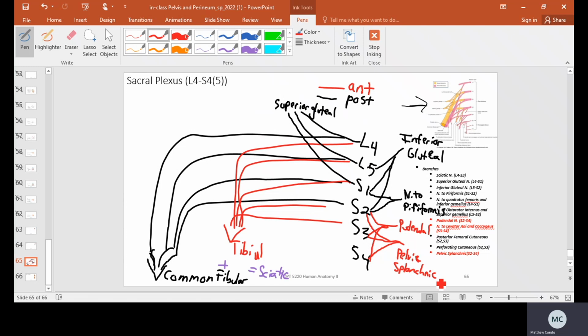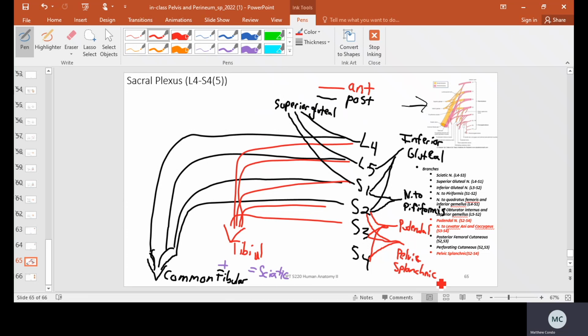Okay? We're going to cover this again when we start covering the hip and gluteal region because we're going to have a lot of muscles that these nerves are going to go to that we haven't even covered yet. So, in my opinion, it doesn't make much sense to cover it now. Okay?